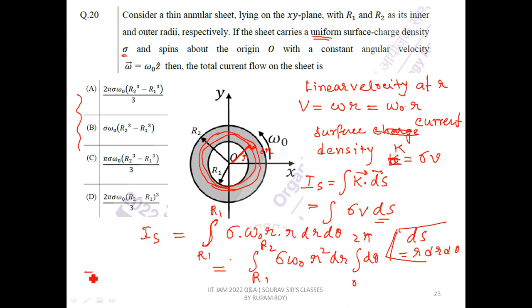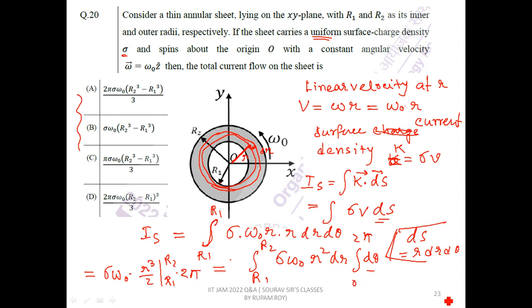This is equal to sigma omega 0 into r cube by 3 from r1 to r2, into integration 0 to 2 pi d theta, that is equal to 2 pi.